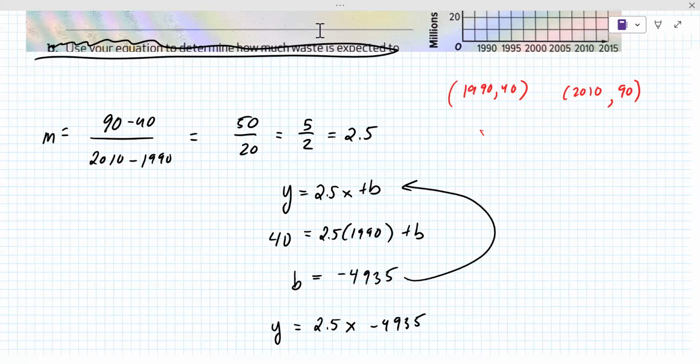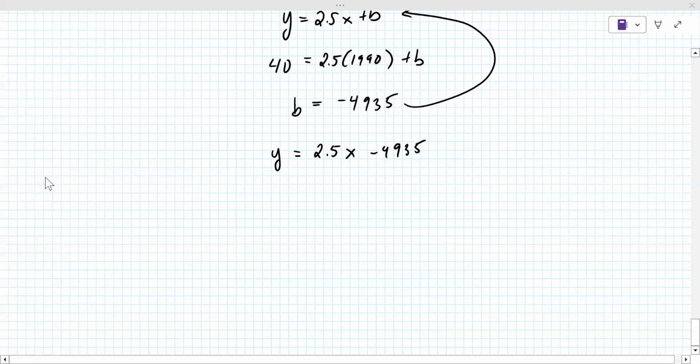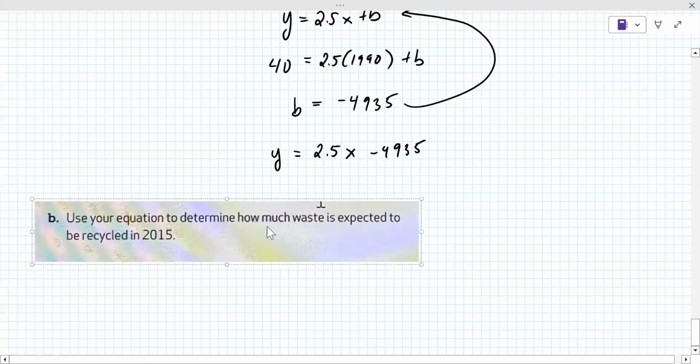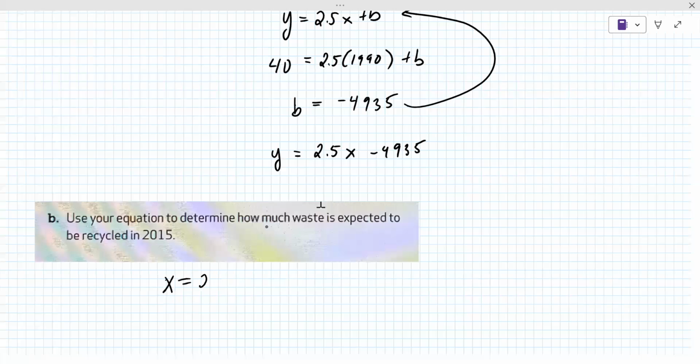Nice. Okay, we've got enough time to answer question B. Question B says to use your equation to determine how much waste is expected to be recycled in 2015. That is your x value. X is 2015, so you write your equation with 2015 in it, and you'll get a result.